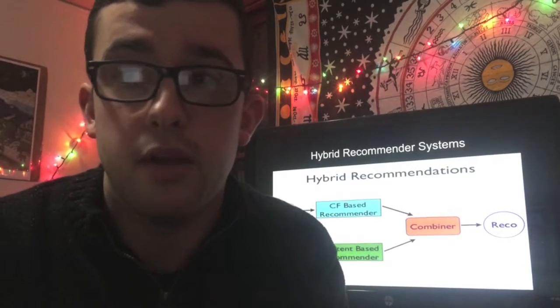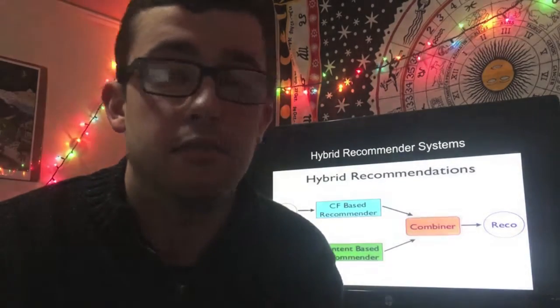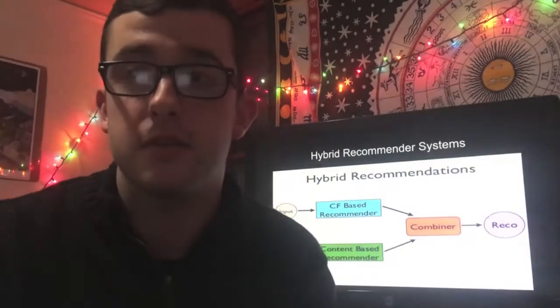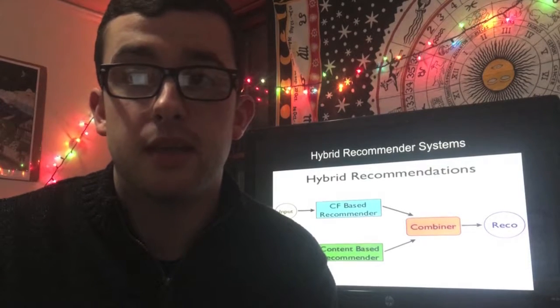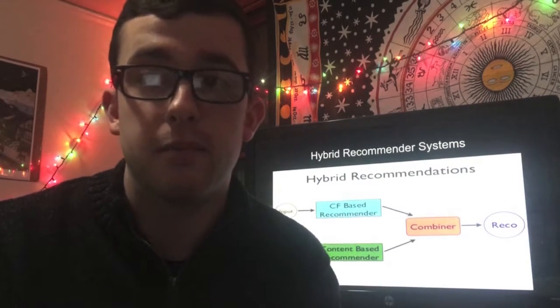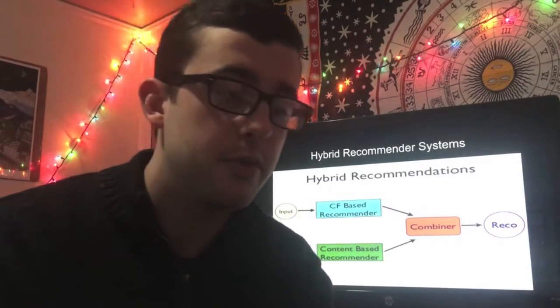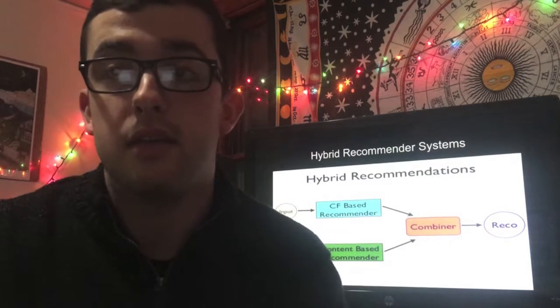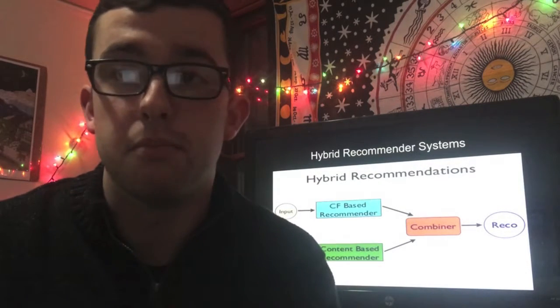A hybrid approach can be implemented in several different ways. You can make content-based decisions first, and then collaborative-based ones. You can separate the two and then combine them to make one recommendation. You can add collaborative to content-based, or vice versa, or you can make a unified model that uses both together.